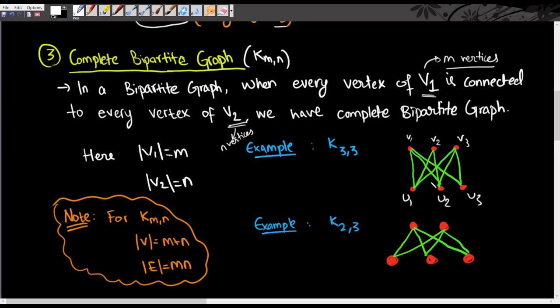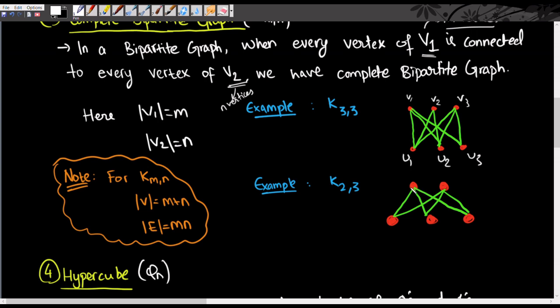So every vertex of the first partition is connected to every vertex of the second partition. That is a complete bipartite graph. In the second example, you have K(2,3). It's a bipartite graph divided into two partitions, and every vertex of V1 is connected to every vertex of V2. That means it is a complete bipartite graph. So that's your K(2,3).